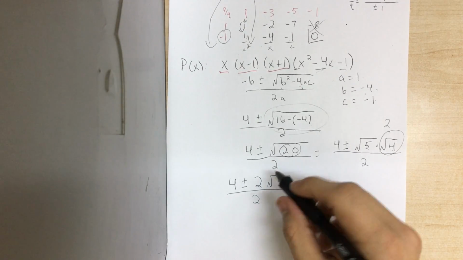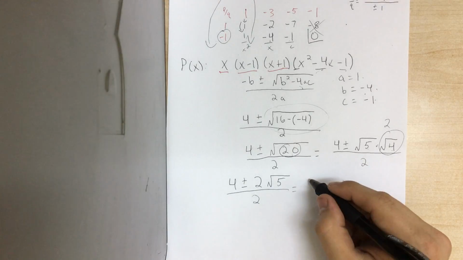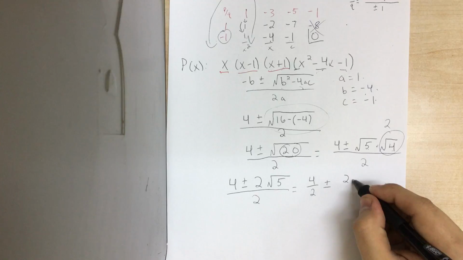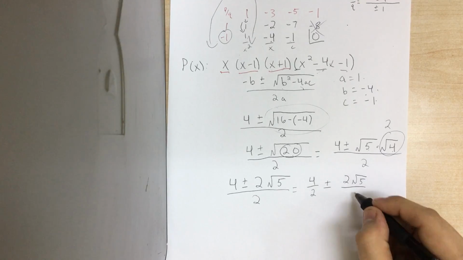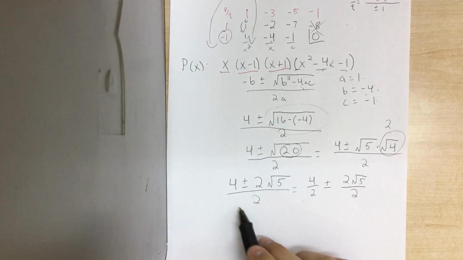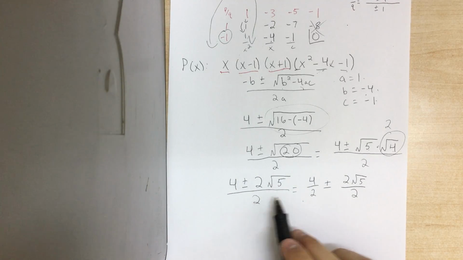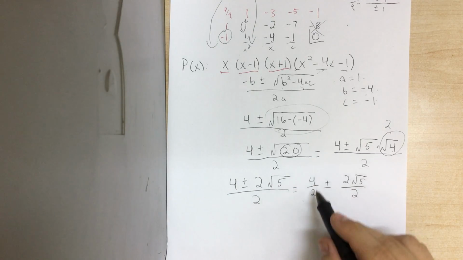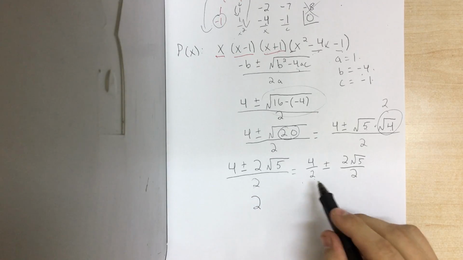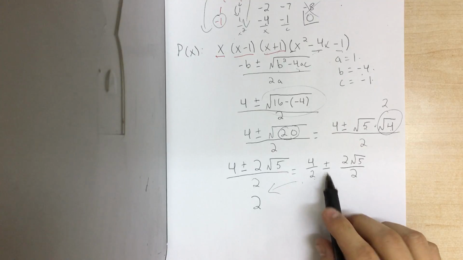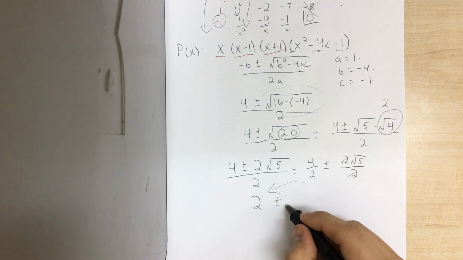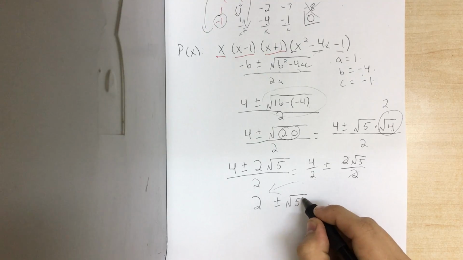So now we can break up this answer into 2 fractions, 4 over 2 plus or minus 2 square roots of 5 over 2. You can break it up like this, or you can just divide the 4 and the 2 by 2, but you're going to get the same answer. So 4 over 2 is 2. And then these 2's cancel out. So you get 2 plus or minus the square root of 5.